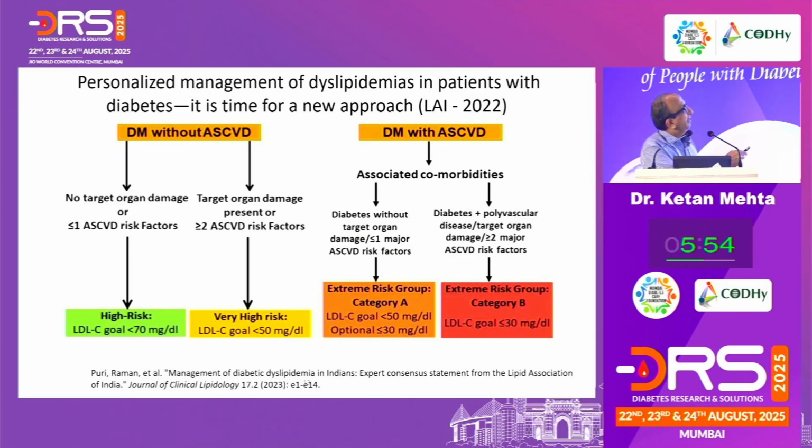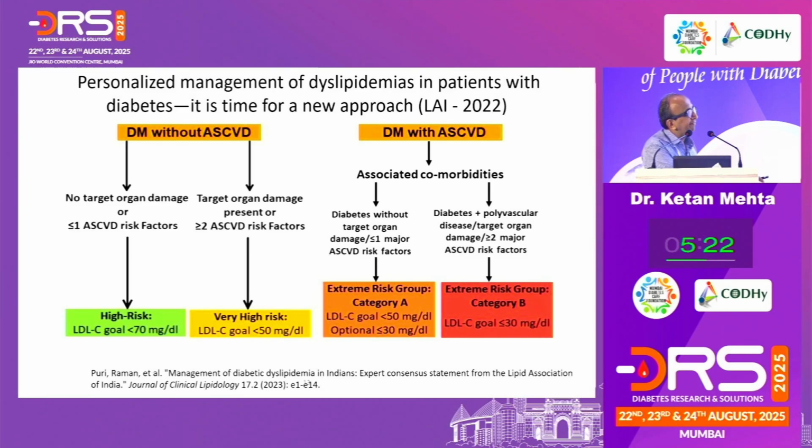So you see it, is it diabetes without ASCVD or diabetes with ASCVD? Without ASCVD, no target organ damage, high risk, LDL goal less than 70. If they have target organ damage or more than 2 ASCVD risk factors, very high risk, LDL less than 50. Now, diabetes with ASCVD with associated comorbidities come in extreme risk group category A, LDL goal less than 50, optional less than 30.